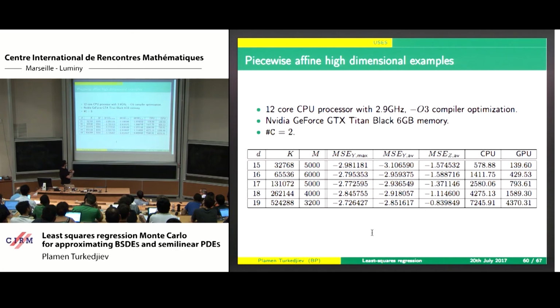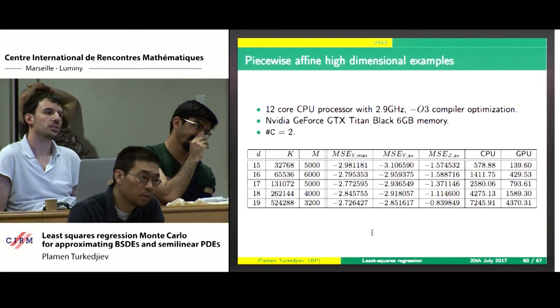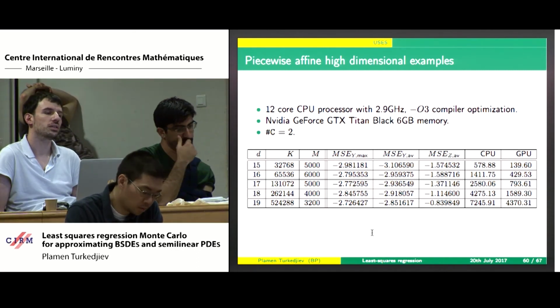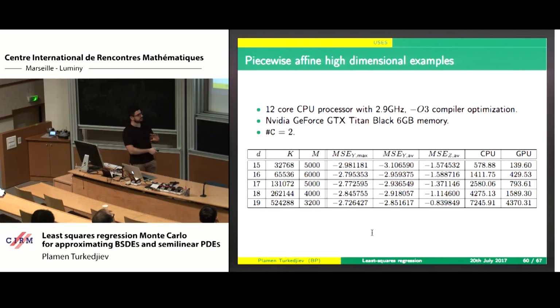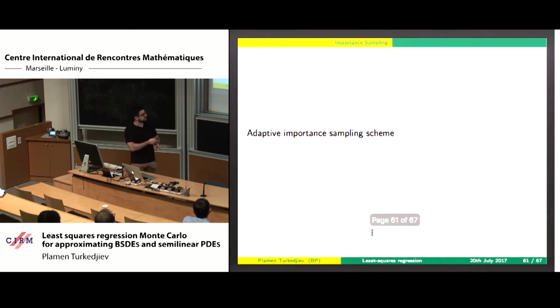But the interesting thing here was we could go to such high dimensions because we were able to manipulate the stratification in a very memory optimal way. So we could do all of these computations using only 6 gigabytes of RAM up to dimension 19. So I think that was good.